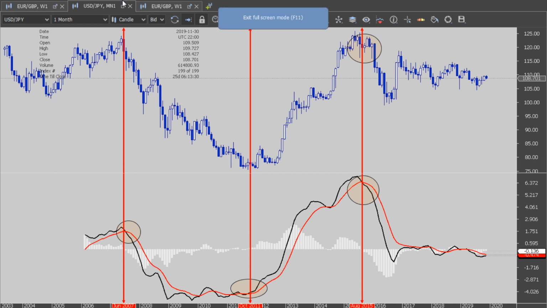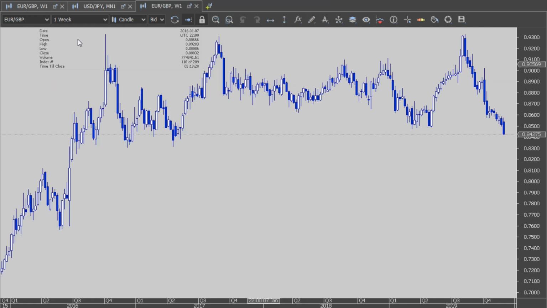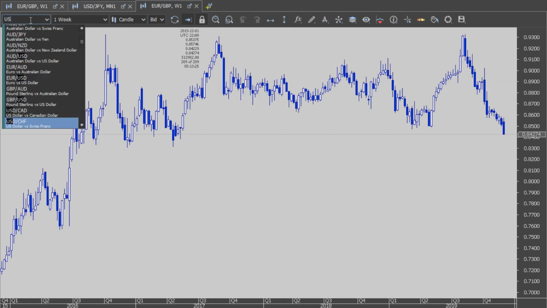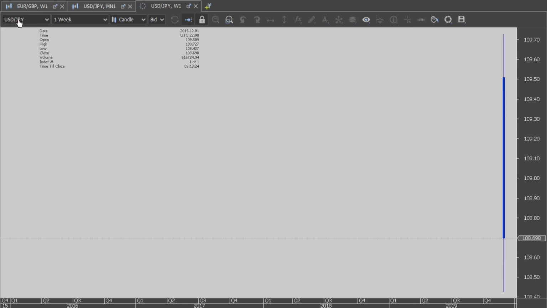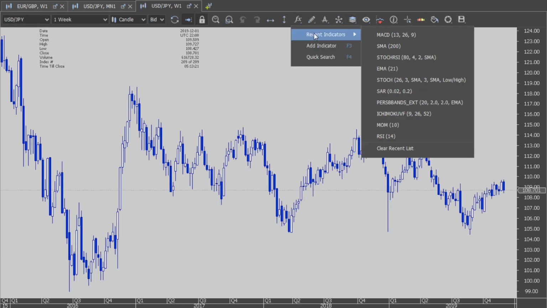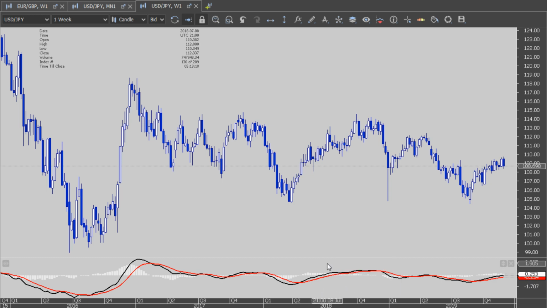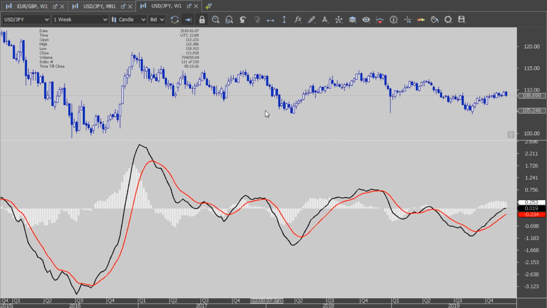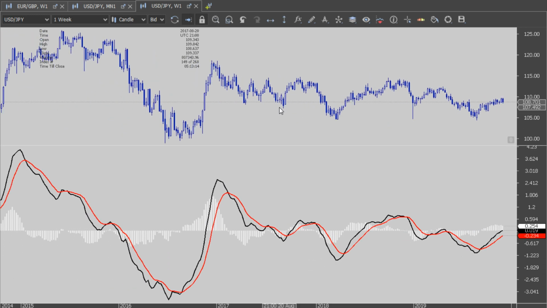So this is the monthly chart, and let's open a weekly chart, USD JPY weekly chart, and we are going to open the same MACD on the weekly chart, and let's compress the chart, everybody. So as you can see, everybody, as a direction went up, went down, went down, and this is the weekly chart.